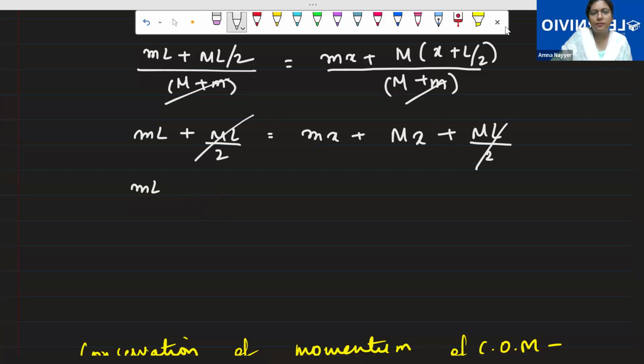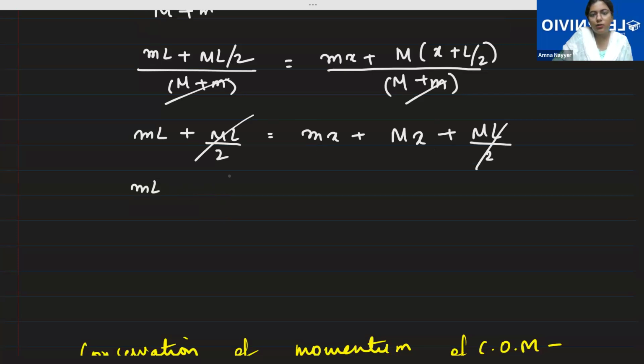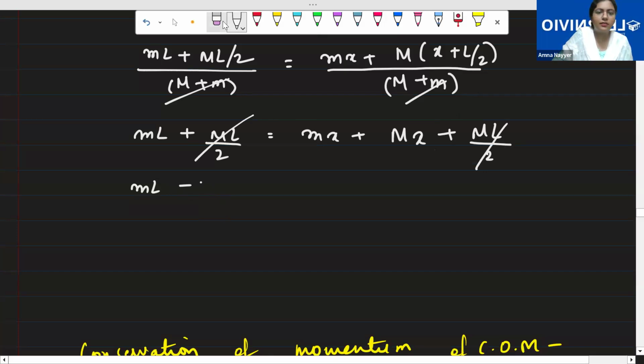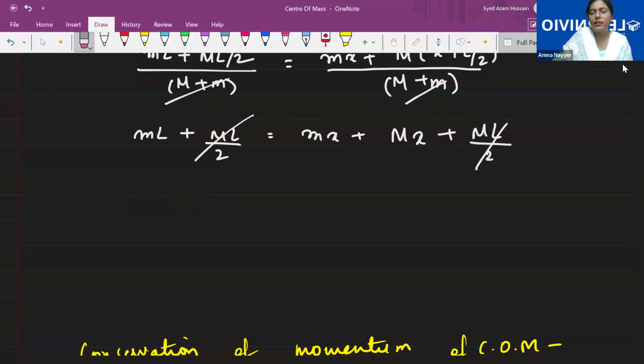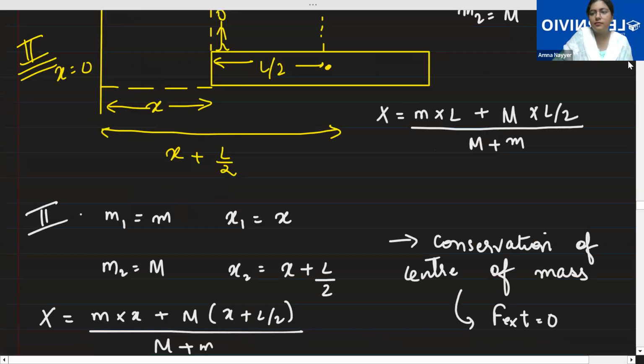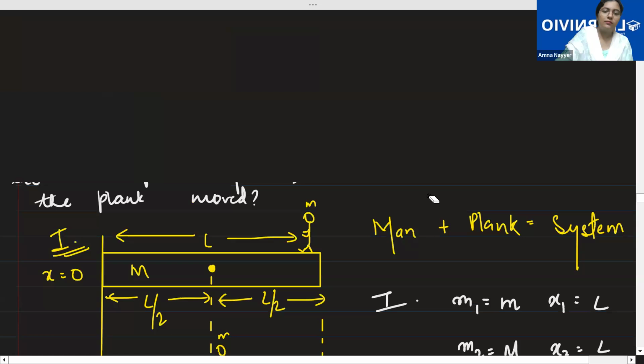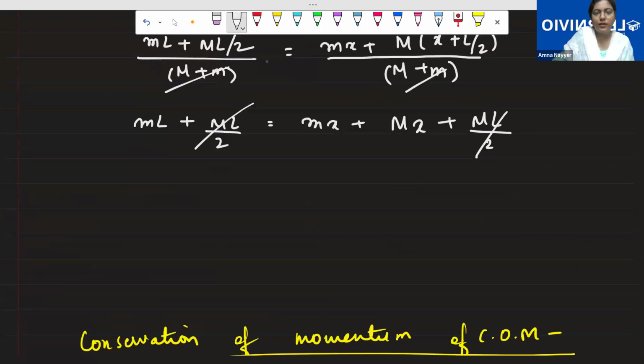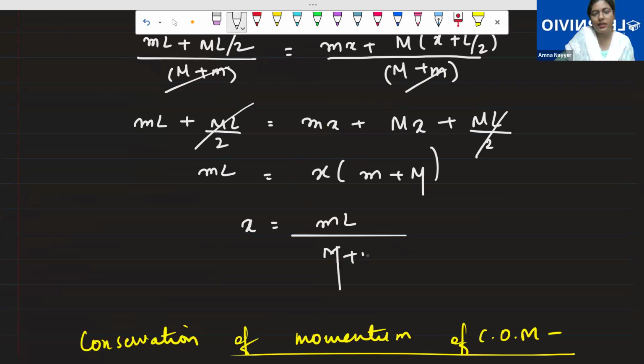Let me just take x common directly because I want to get the value of x. If I take x common from here, small m plus capital M is equal to ml. So x is equal to ml divided by capital M plus m.